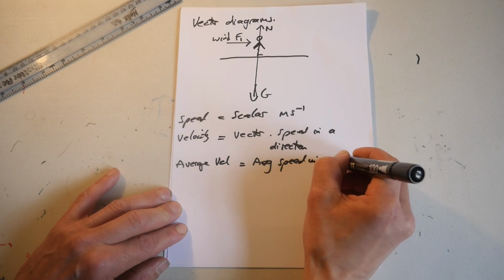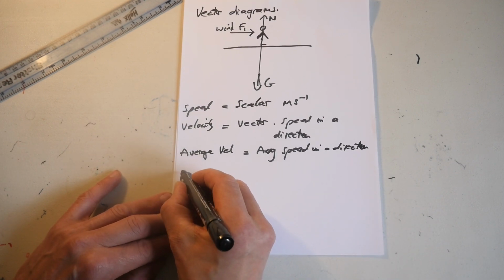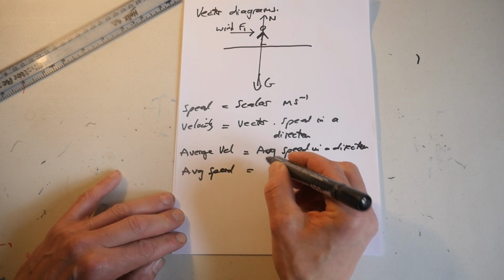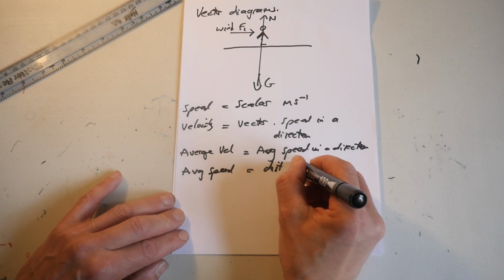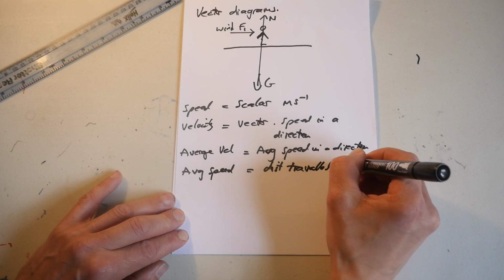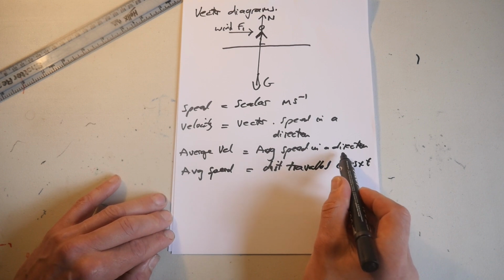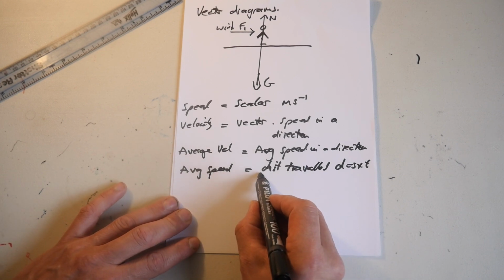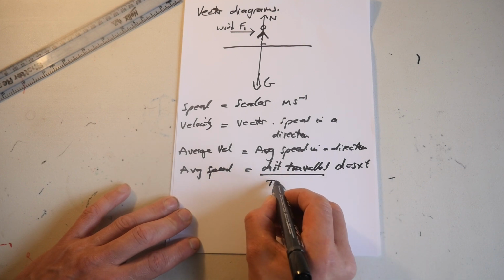Then you get the average speed, which is how much distance is traveled. So distance equals speed times time. So speed equals d divided by time, okay? So how far you travel divided by the time taken.